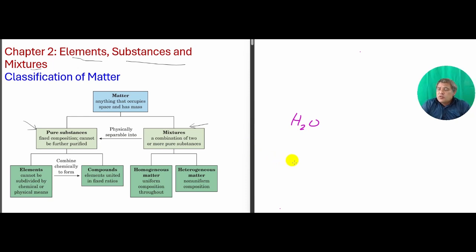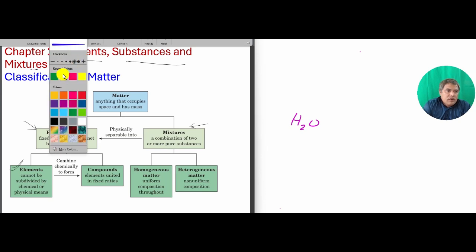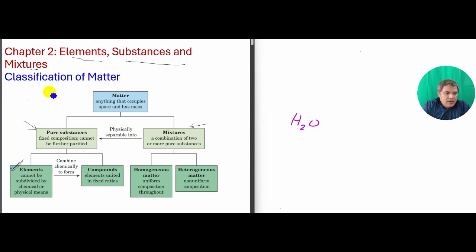There are two types of mixture, homogeneous or heterogeneous, but they can be separated into the pure substances. So a pure substance can be either an element, that cannot be further subdivided, or it can be a compound, meaning the combination of two or more than two elements.